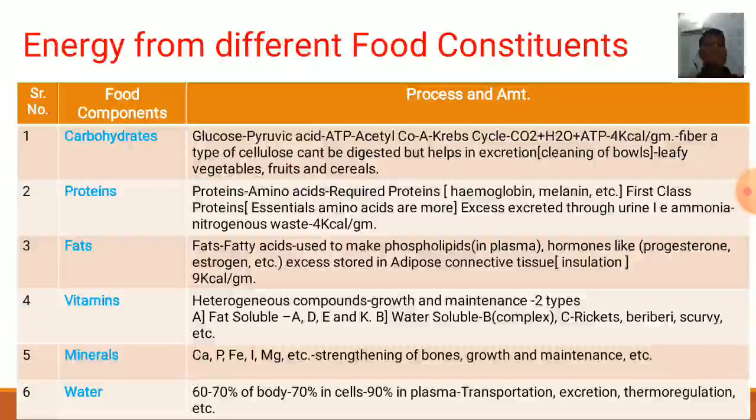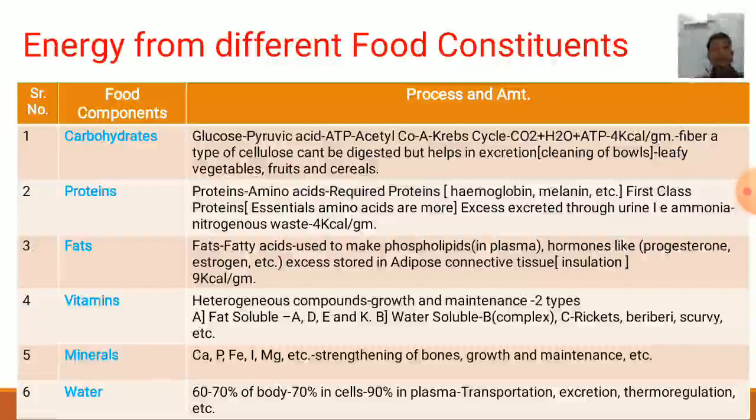We already studied the process and amount of energy obtained through carbohydrates. Excess carbohydrates are stored in the liver and muscles in the form of glycogen. Now the second food component, protein.